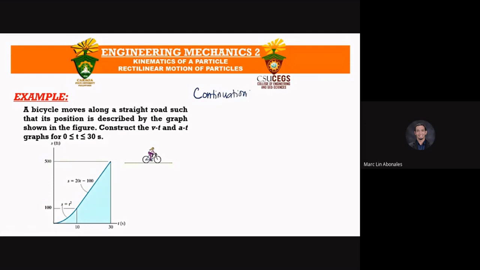Your VT graph: the vertical axis represents the velocity, and the horizontal axis represents the time. And then we have the origin here.